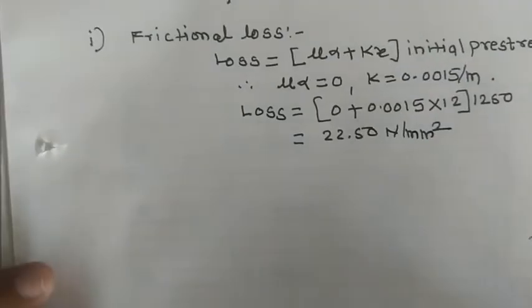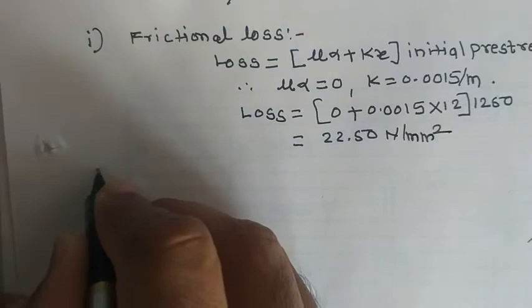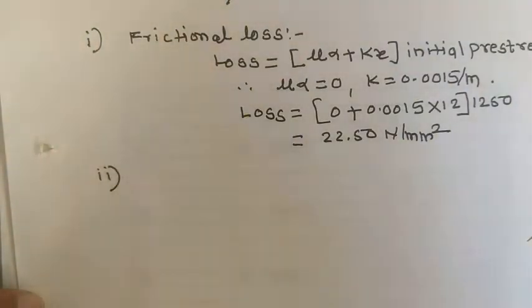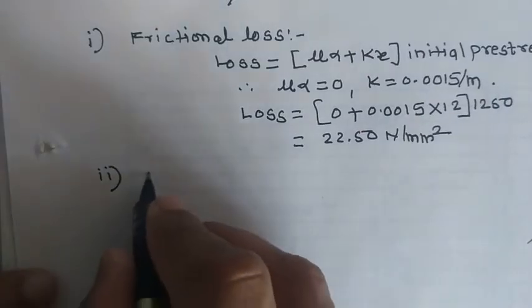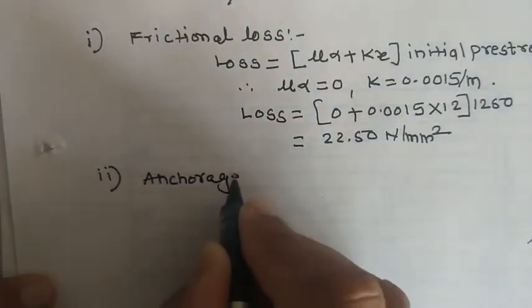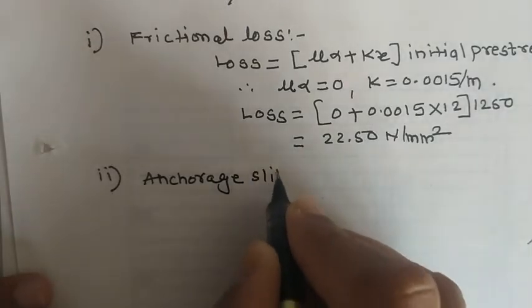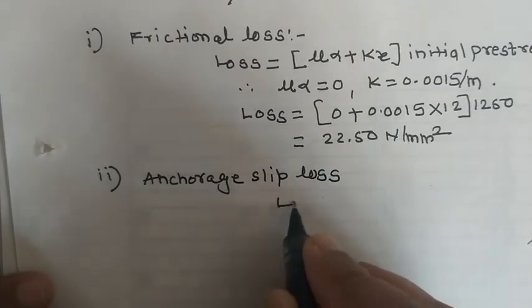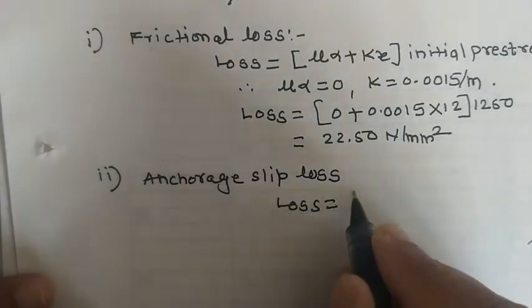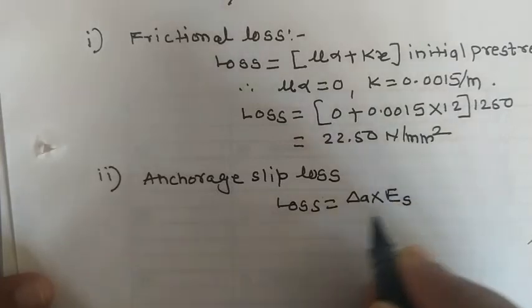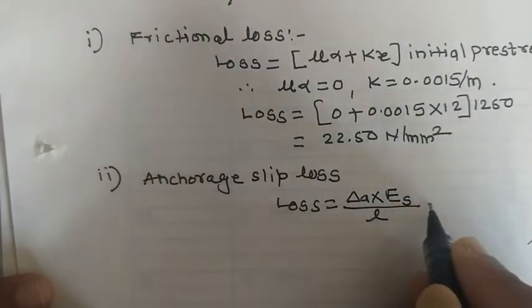Now let us calculate the next loss, anchorage slip loss. The anchorage slip loss is delta A into Es divided by span of the beam.